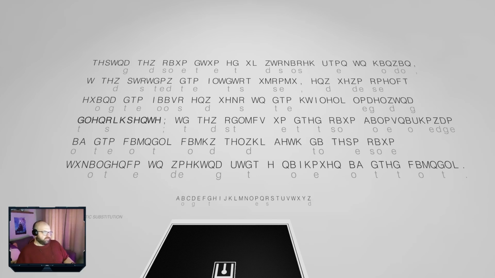There's a U at the bottom. There's not that many U's in this thing, is there? Got one in that large word at the right, the ABOP. One in there. And then the only other one is the UWGT at the bottom.